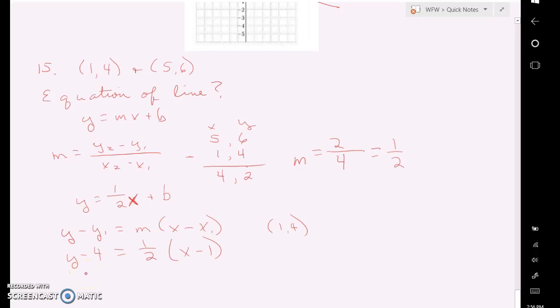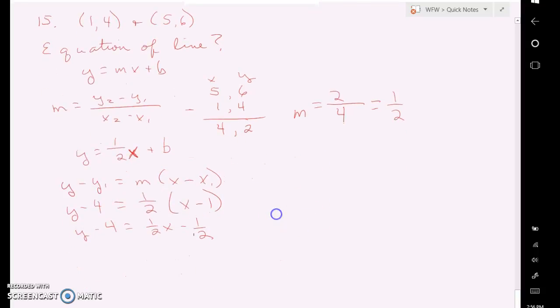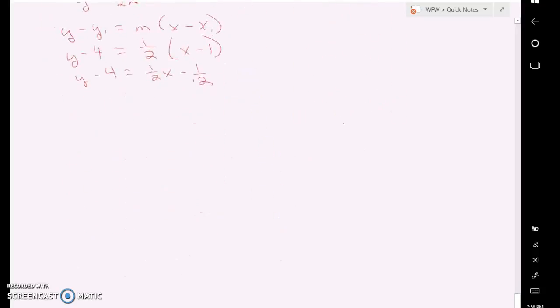Now we go about just simplifying this. Okay, so I'm going to erase this point so that we have more room to work. Actually, I'm just going to move it up. Okay, so y minus 4, let's add 4 to both sides. So y equals 1/2 x minus 1/2 plus 4.